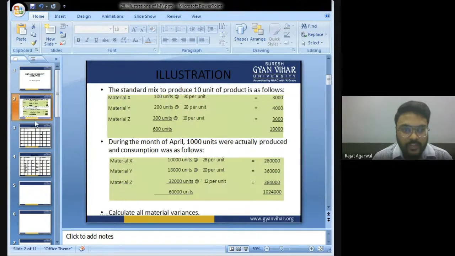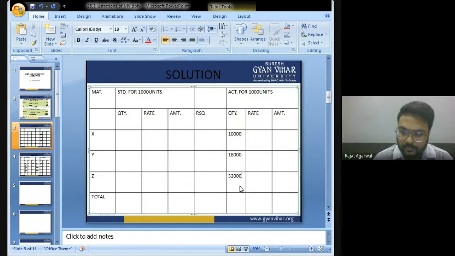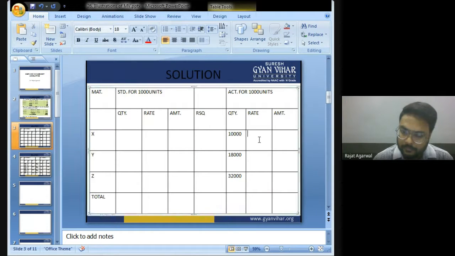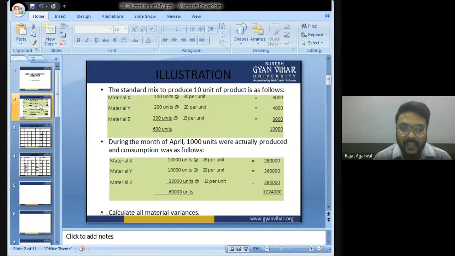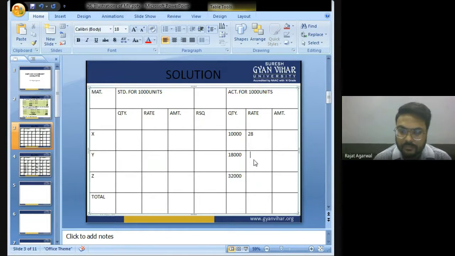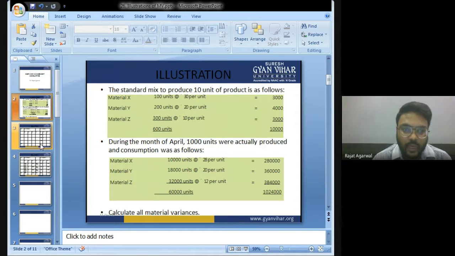Actual quantity of Z, 32,000 units. Actual rate of X is 28. Actual rate of material Y is 20. Actual rate of material Z is 12.